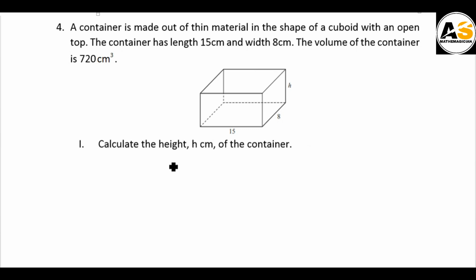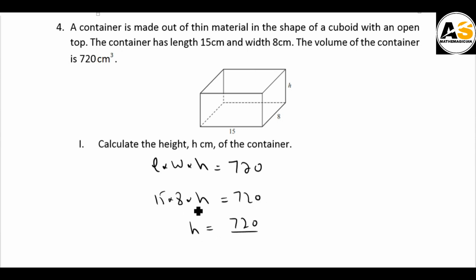What is the formula for volume of cuboid? Length into width into height. This is volume, which is given 720. Length is 15, width is 8, height we have to find. This is 720. From here, height is 720 over 15 8s are 120, which is 6 centimeter. So this height is basically 6 centimeter.